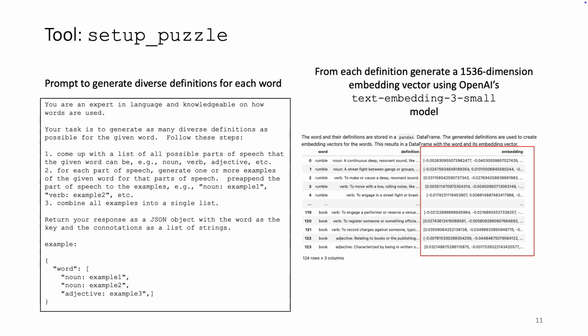You can see sample output in the data frame below. For each word, there's a list of definitions, and for each definition, the corresponding embedding vector is generated. This allows us to perform semantic clustering to find possible groups of 4 words that have a common connection.